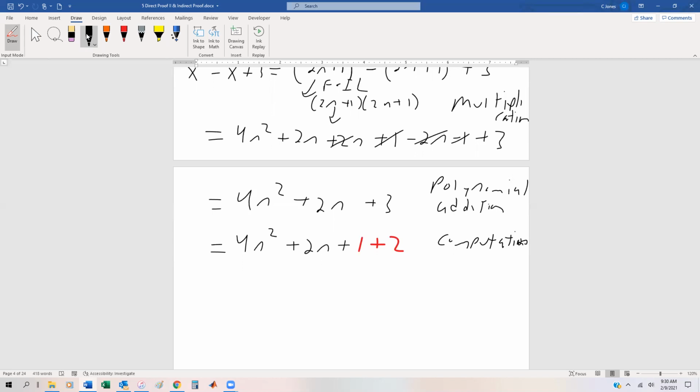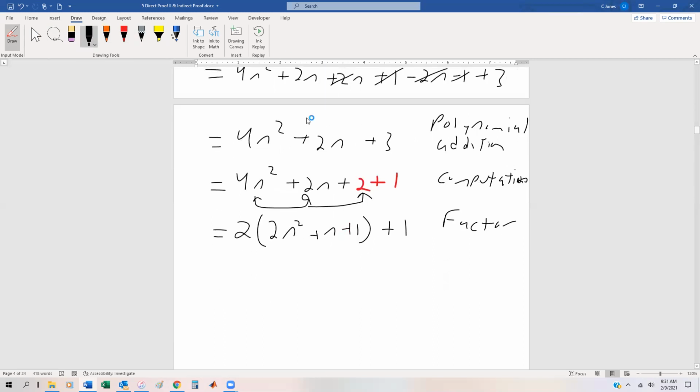We can factor out from this term, and this term. Excuse me. And let me just reverse these just to make it a little bit easier. So that way it's just a little bit nicer. So that way we don't have to kind of guess around as to where I factor. So this would be 2 times 2n squared plus n plus 1 plus 1. Okay, and that's by factoring. And just like we saw in the previous case, this can just be written as p.